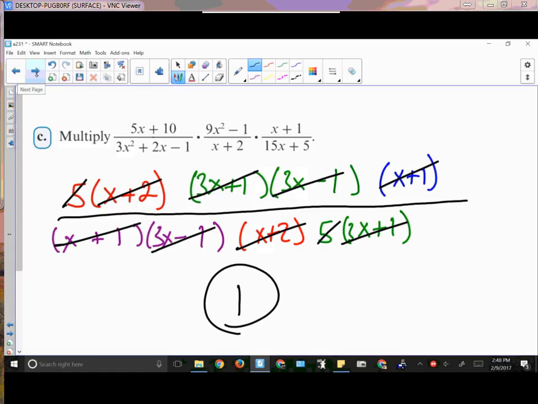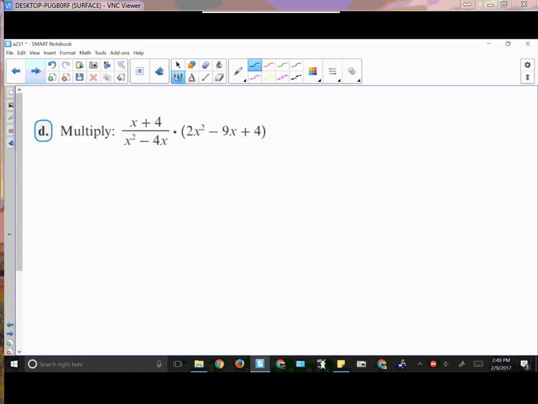Ready for another one? When we're looking at these, we always want to put these in terms of a numerator and denominator. This is how it works best. So if I look at this one, I see I got x plus 4 over x squared minus 4x multiplied by. So what do I do with that other piece there?